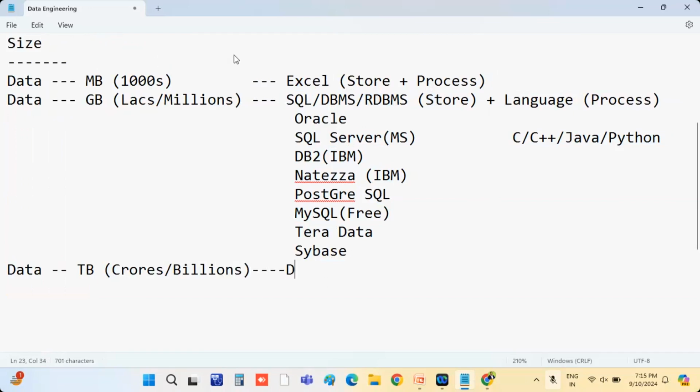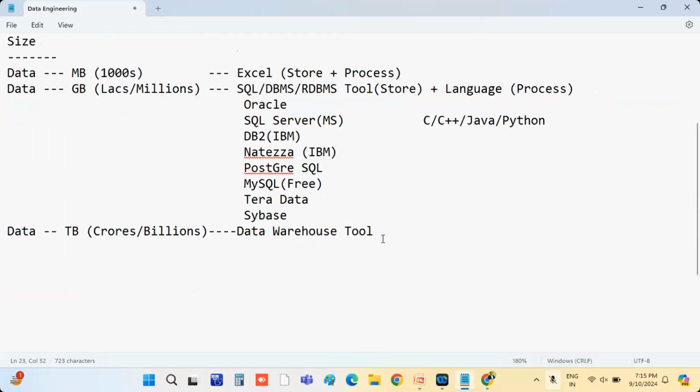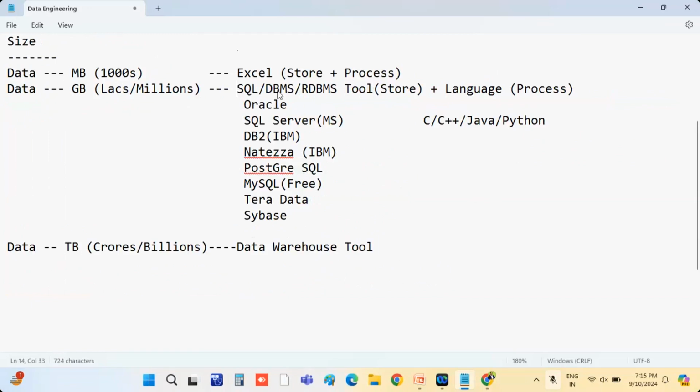This is where we use data warehouse software or tools. When you have a large amount of data, a normal RDBMS system is going to fail.